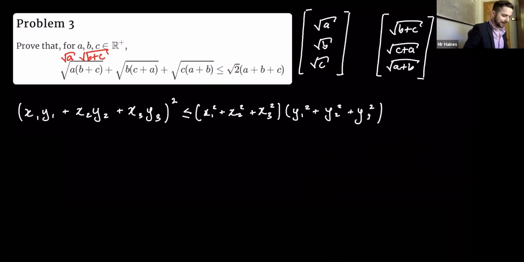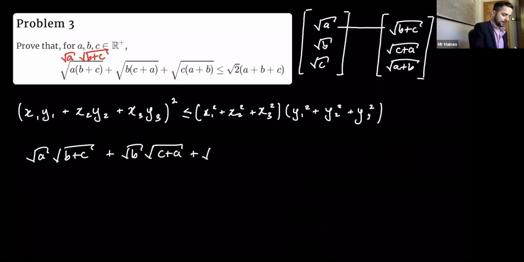Let us substitute that in and just make sure we definitely get what we want. So remember, it was root A times root B plus C, plus root B times root C plus A, plus root C times root A plus B. Okay, that's on the left side.